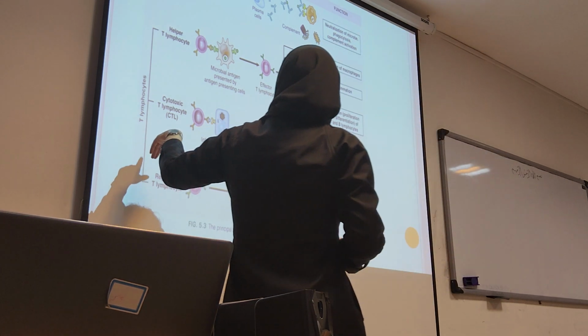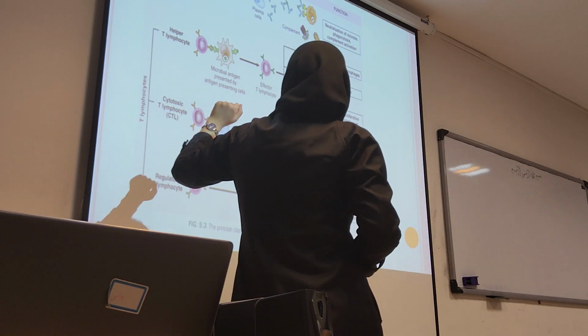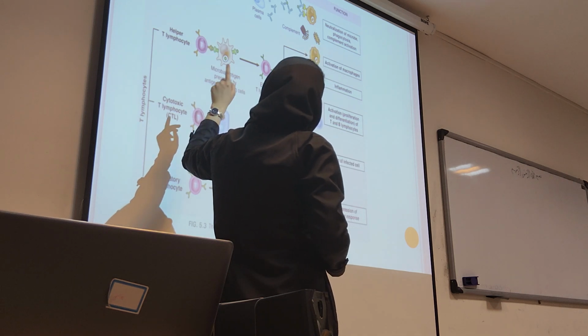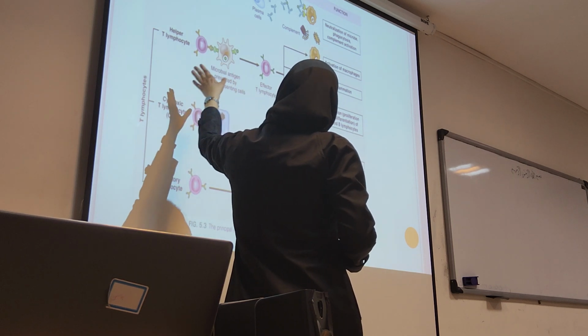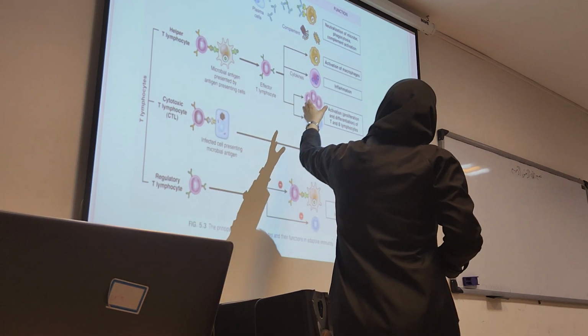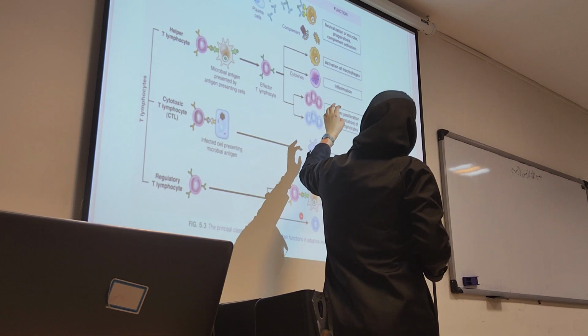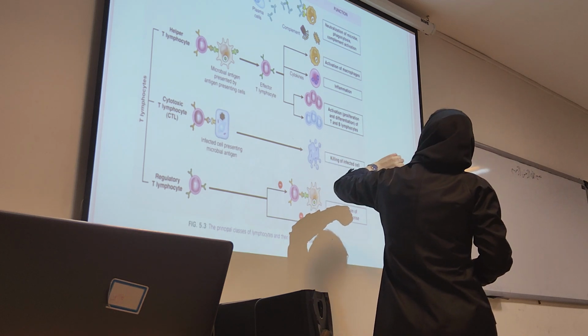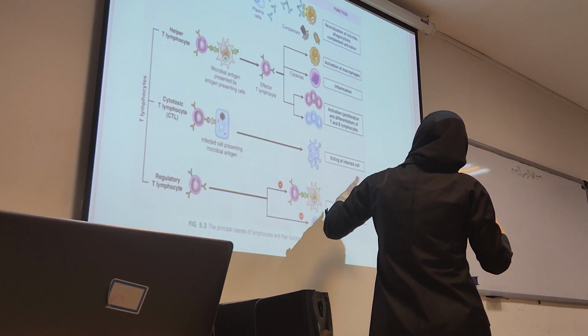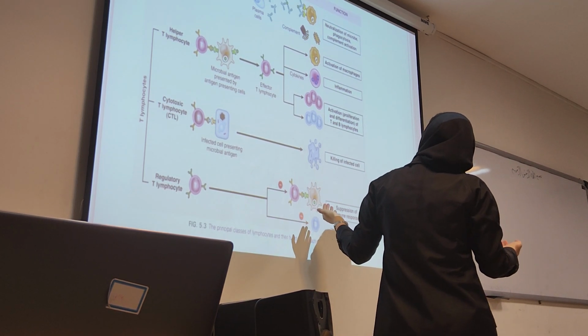And we also have T lymphocytes, helper T cells, which, after the antigen is presented to them, produce cytokines, and by producing cytokines, they activate the macrophages, and they are important for activation of inflammation.